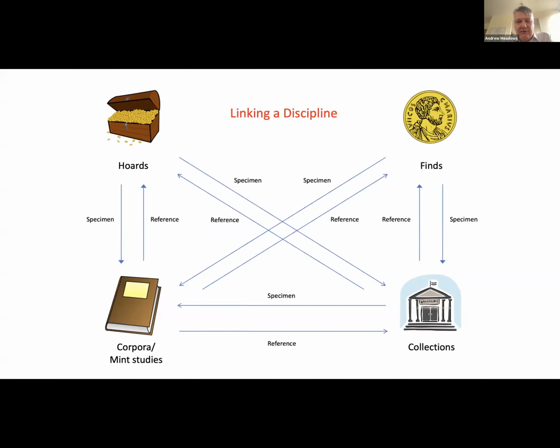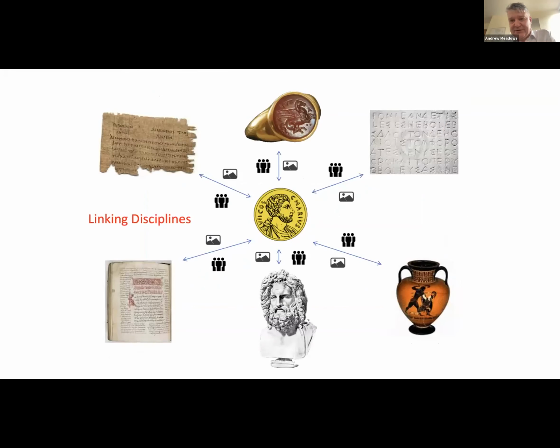The books, the reference works, the typologies, the catalogues of hordes, etc., all of which potentially are interlinked in one way or another, and all of which increasingly are moving towards digital versions, whether that be databases, type corpora, etc. So being able to assert the links between these things becomes very powerful and indeed necessary on the web. And of course, as I mentioned earlier, we want to be able to link outwards to other forms of evidence for whatever world it is we're studying, in this case, the ancient world, but obviously that exists in other periods too.